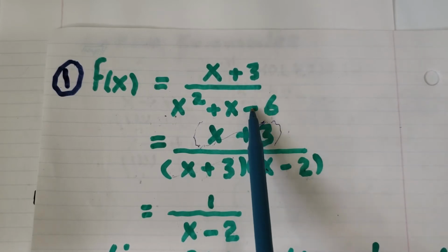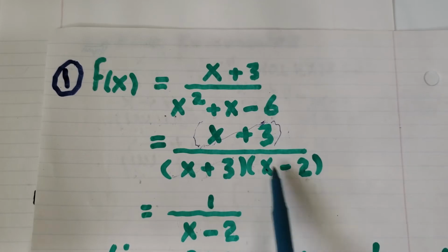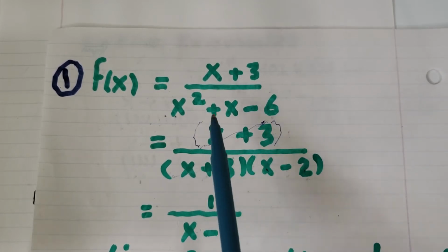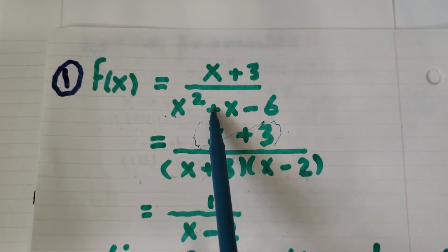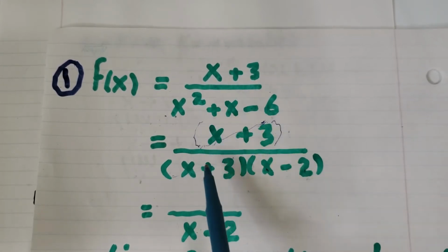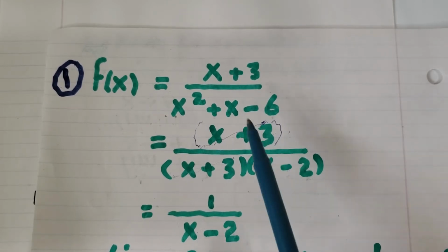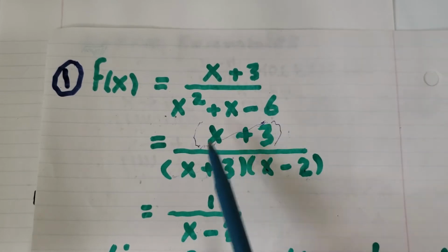Because the sign here is negative, we put different signs, and we give the bigger number the sign of the middle. The middle is positive, so here is positive. Okay, after factorizing, we see we can make a cancellation, this with this.